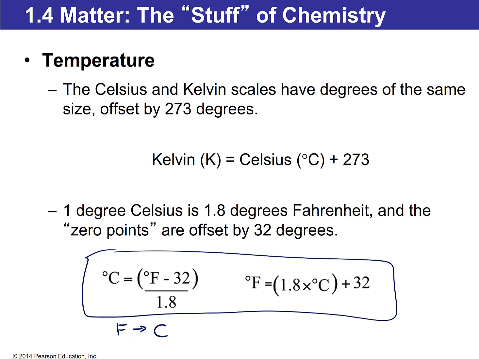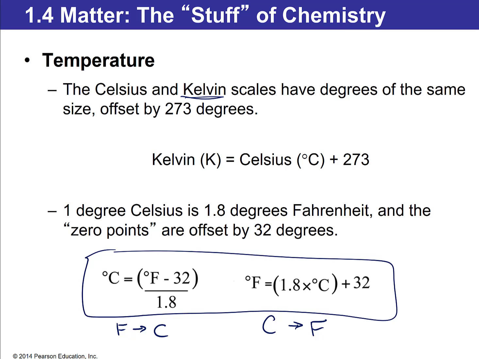Remember, do anything in parentheses first when you do math. For the other one, if you have a Celsius number and you want to figure out Fahrenheit, you take the Celsius number times 1.8, do that first, then add 32 to your answer. I'm not going to ask you to do that on a test, but if you needed to, those would be the ones that you would want to use. Those are sort of the easiest ones. They don't have the same scale.